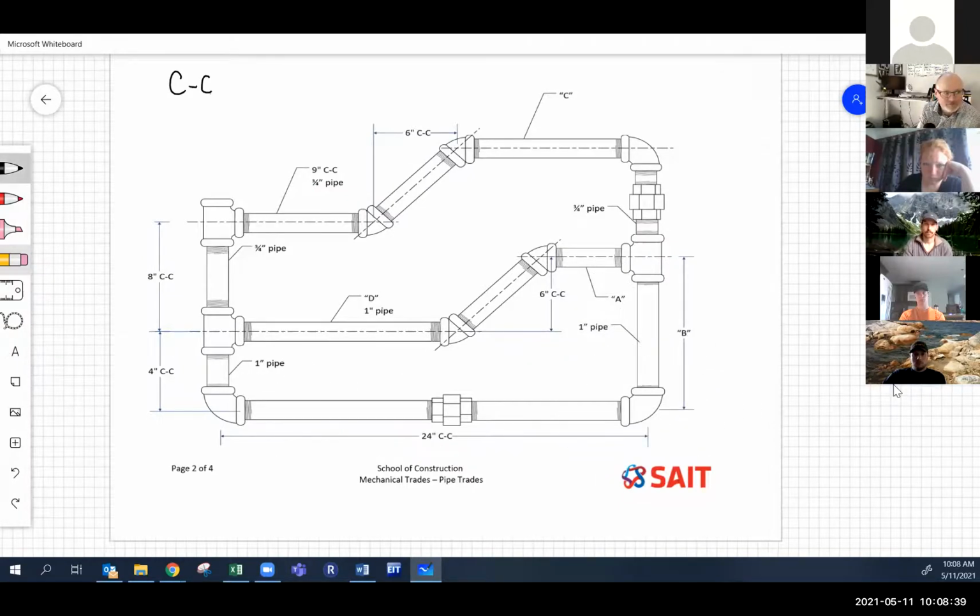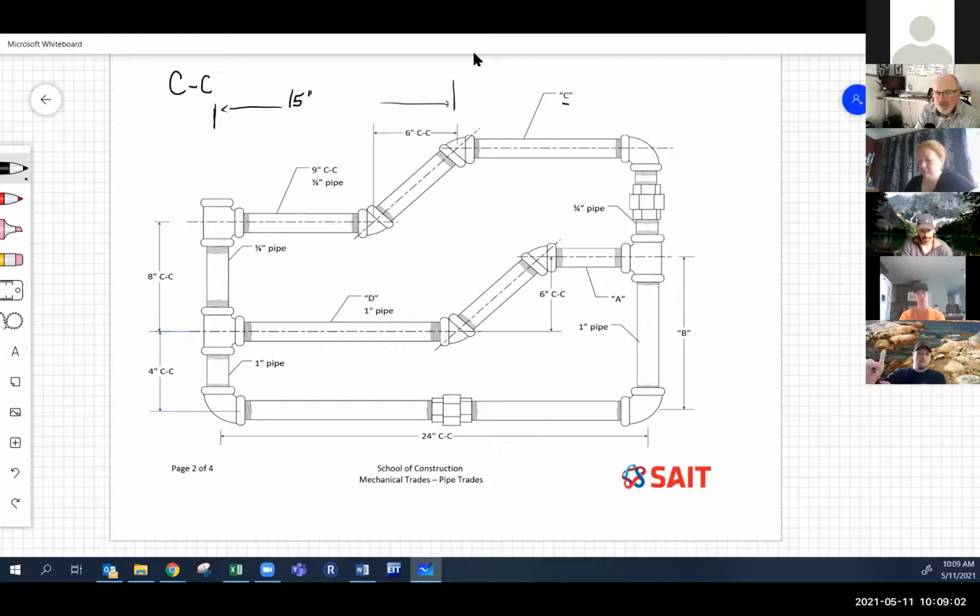First off, we're going to calculate C. Now, I have a measurement here to there. Can everybody see that measurement that I have from there to there? That 15 inches. Everybody see that? 15 inches.